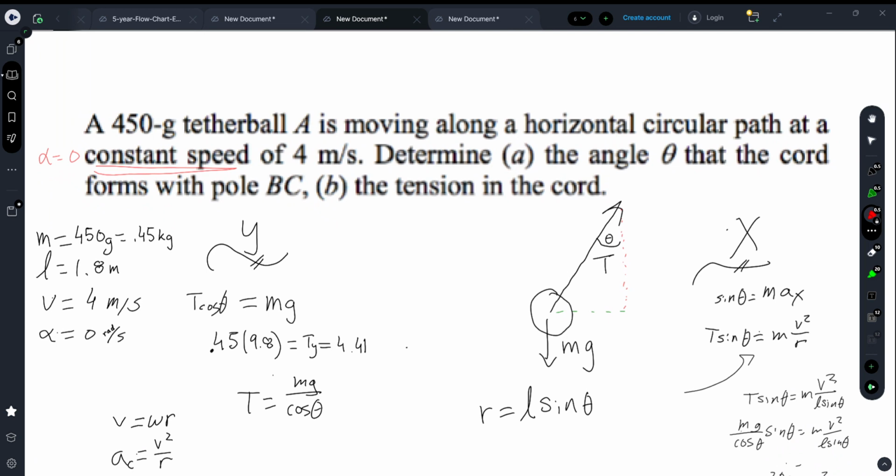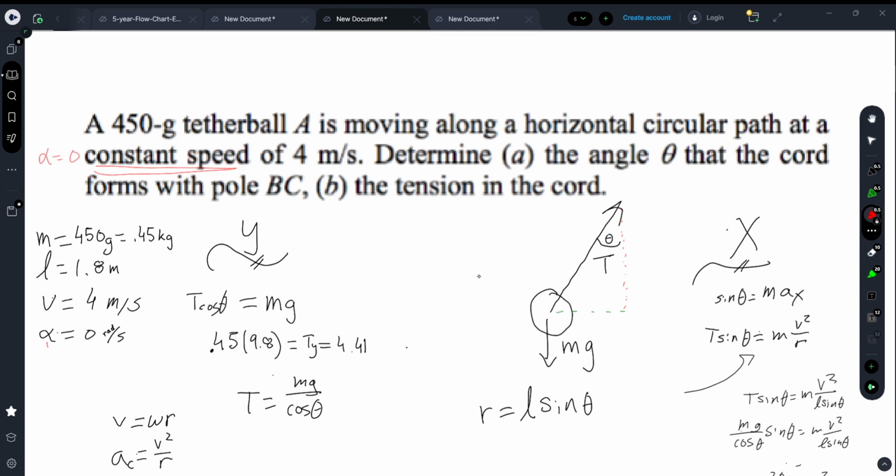So this one was a little tricky for me. We're given the mass, the length, and initial velocity, and we're told it is a constant speed. So I did my free body diagram and took my sum of the forces in the y direction as 0.